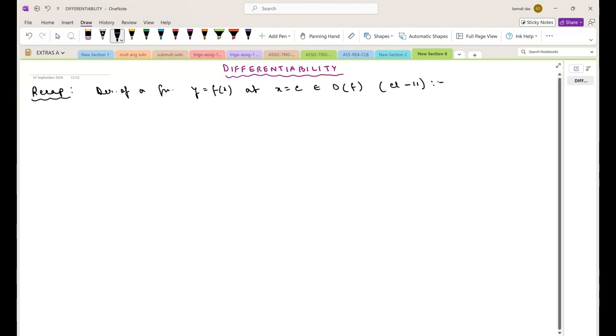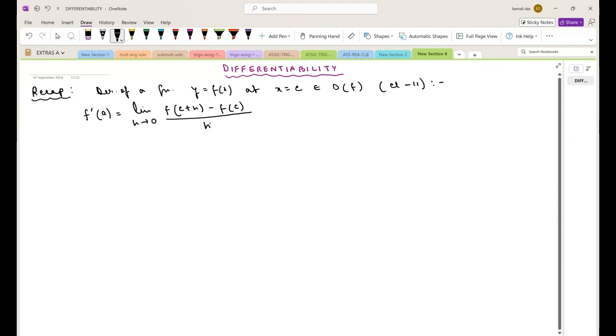If you remember, we called it first principle. So we said that the derivative of the function at c, that is f dash c, was limit h tends to 0 of f(c plus h) minus f(c) by h.